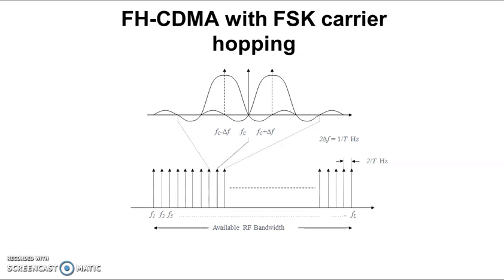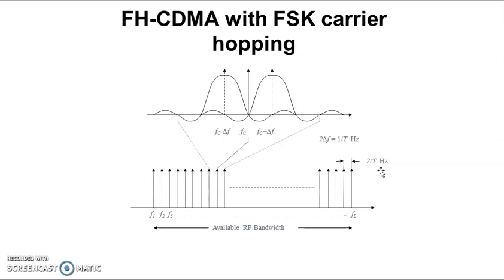The minimum frequency separation between the FSK tones is 1 by T Hz, as shown in this figure, and the available RF bandwidth is divided into L carriers, F1, F2, F3 to FL, each carrier having a bandwidth of 2 by T Hz, that is the modulation bandwidth.